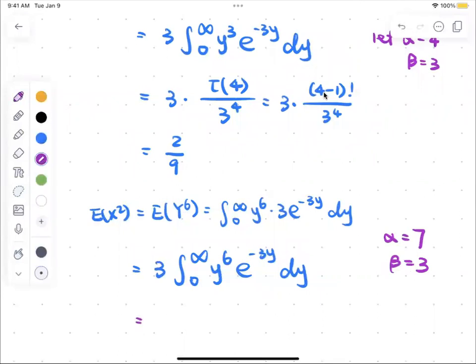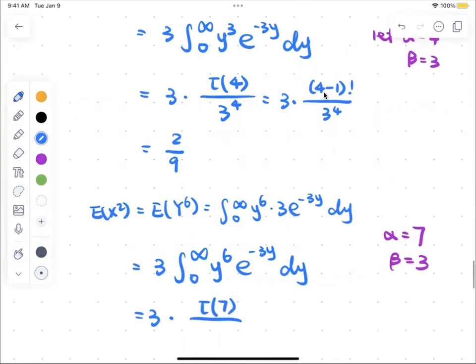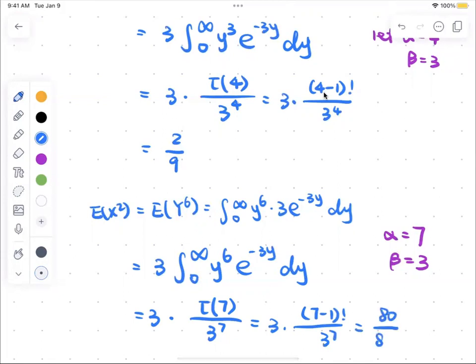By the integration shortcut, this integral is equal to the gamma function evaluated at alpha, which is 7 in this case, over beta to the power of alpha. So in this case, it's 3 to the power of 7. And again, the gamma function evaluated at 7 is equal to 7 minus 1 factorial. If you plug it into a calculator, I believe you're going to get 80 over 81.